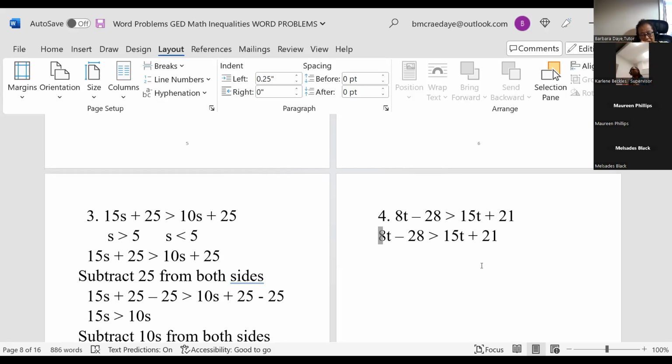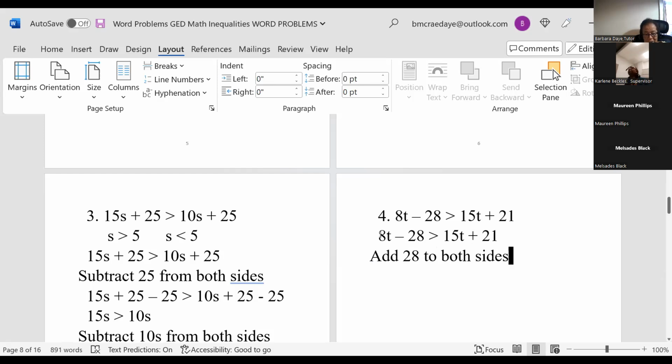Okay, you could add 28 to both sides. All right. You said add 28 to both sides. Okay, that's a good first step.